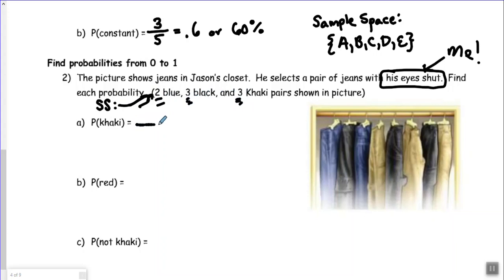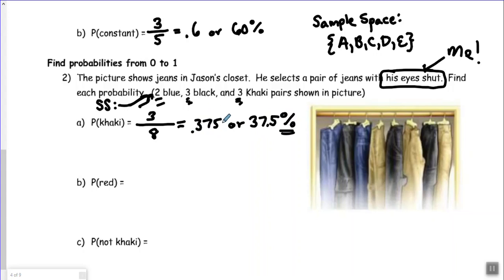So our denominator then is going to be 8, and the probability of picking a khaki would be 3. And 3/8 is a fraction, which gives us the decimal 0.375, and that gives us the percentage 37.5%.